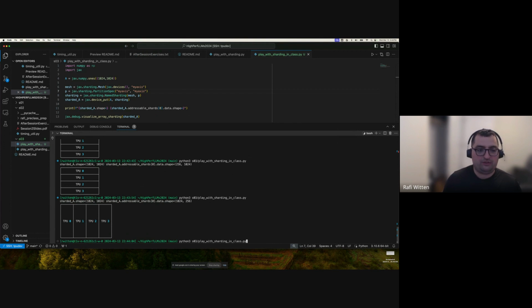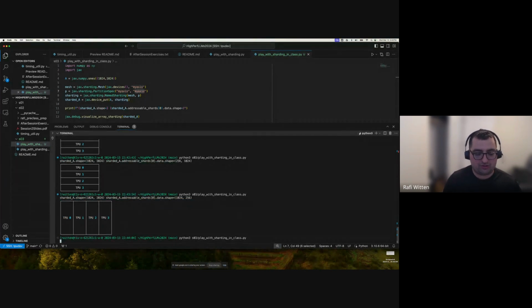So now I'm going to try to do something bad. Here I'm going to try to shard over the two axes of our array over the same physical axis. And I think you can see that there's no way to draw the picture, right? Because the underlying array can't be sharded over both axes. It just wouldn't make sense.